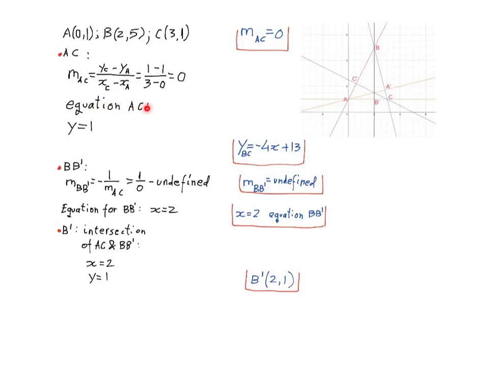And therefore the equation of AC, I know that this line, which is parallel to the x-axis, goes through points A and C, which have the y-coordinate equal to 1. So the equation is going to be y equals 1.